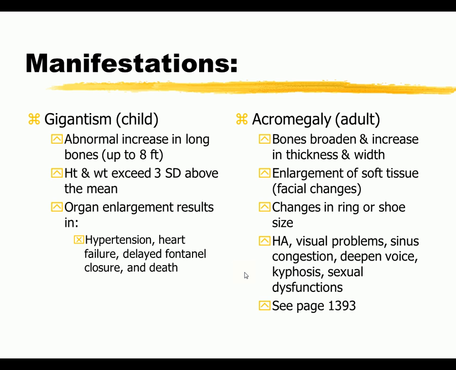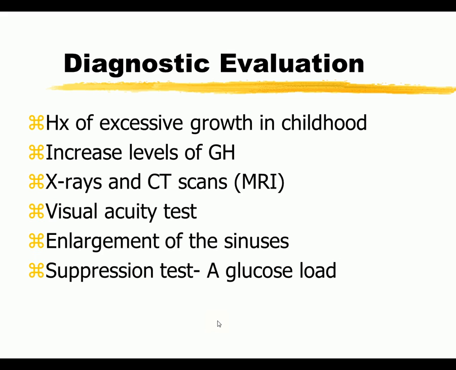Now, in this syndrome, girls are usually evaluated more quickly than boys. Why? Again, the tallness of the boys is actually seen as an advantage, particularly in sports. So usually we don't have them checked out. Diagnostic evaluation.